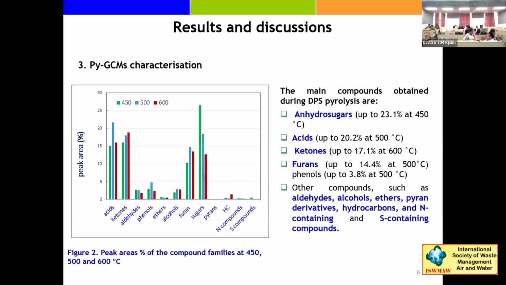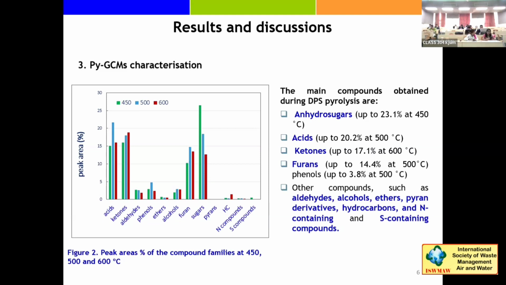Similarly, ketones and aldehydes linked to bio-oil instability during transport and storage are also undesired. So undesirable compounds further include ethers, esters, and oxygenates, which reduce the bio-oil's heating value. Additionally, polyaromatic hydrocarbons, nitrogen, and sulfur compounds are environmentally detrimental.